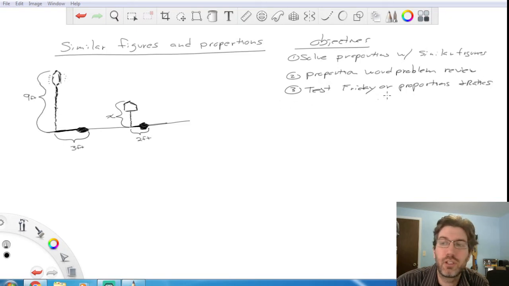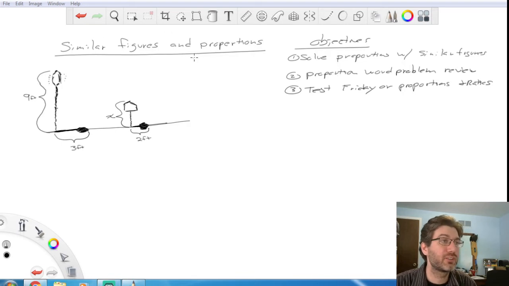And then I want you to keep in mind that we are going to be having a test Friday on proportions and ratios. We will go over problems, but first we're going to look at similar figures. We're going to take notes on similar figures first.